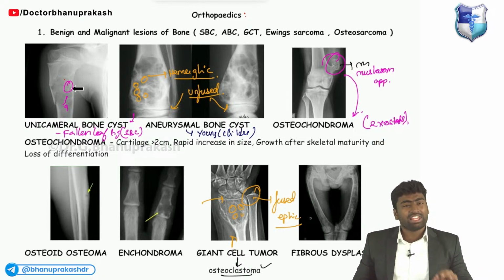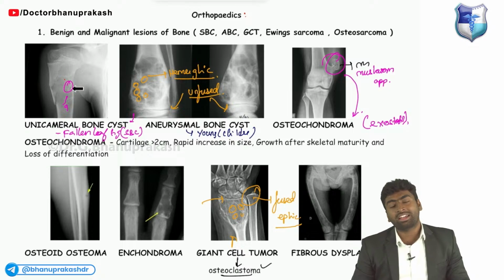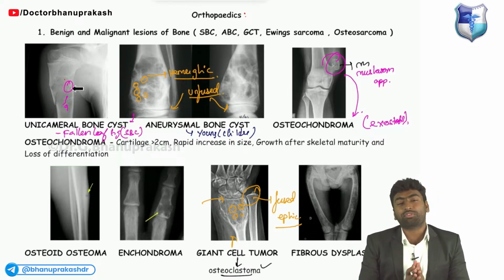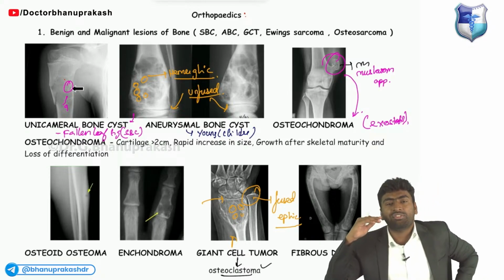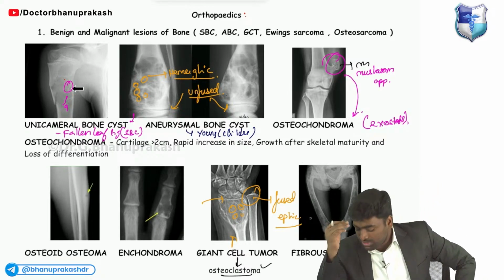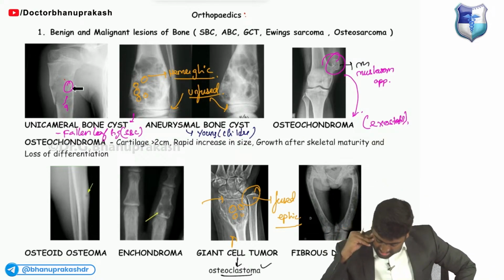Fine. And next, they will ask you there is a patient presenting with an osteochondroma. In the options, they will give you which of the following should be evaluated for malignancy. When will you consider that an osteochondroma is being converted into a malignant condition?